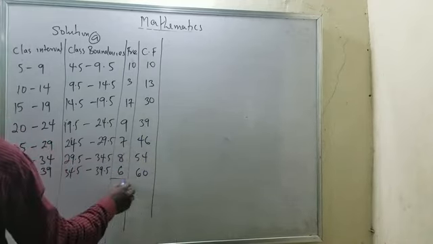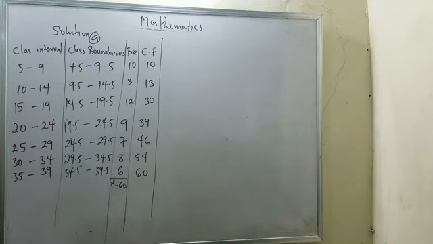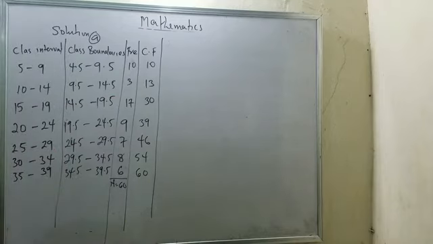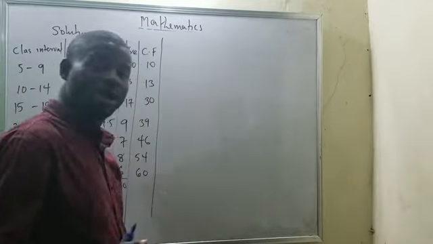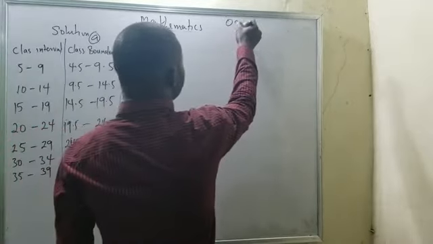It means the sum is 60. Now I've gotten my cumulative frequency, and I can generate my ogive, which we call the cumulative frequency curve. The cumulative frequency curve can also be called an ogive.